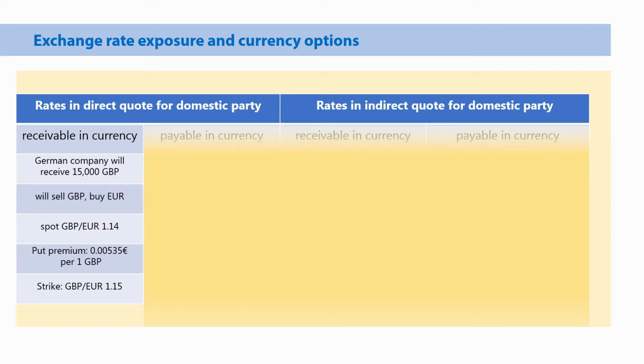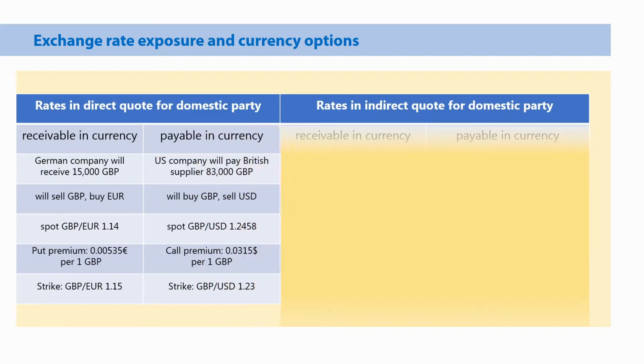Since the German company is going to sell the British pounds and the exchange rates are given as direct quotes from a European perspective, we need to look for a put. The put is the right to sell 1 British pound, and the price for that right is 0.00535 euros. And the strike, let's assume that the German company wants to get at least 1.15 euros for 1 British pound that they sell.